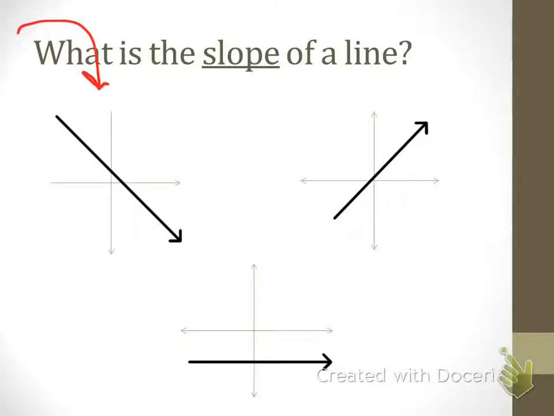We're not worried about the actual coordinates of the points, but I've got points on each one of these lines. So I always start at the point furthest to the left, okay? So this point right here is the point that I start at. Now, if my line goes down from that first point, I know that my slope is negative.